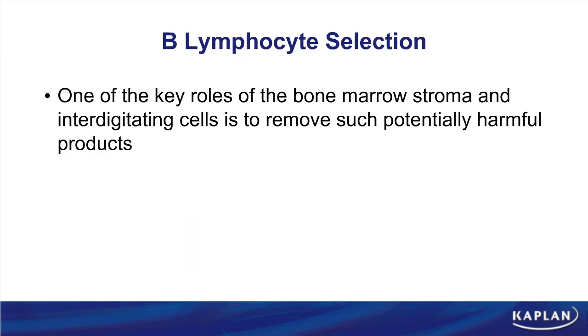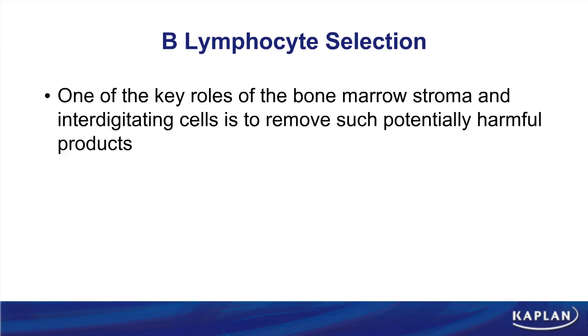So one should really ask themselves, how is it that I am able to determine which B cells are self-reactive? And that is going to be one of the roles of the bone marrow stroma and the interdigitating cells.